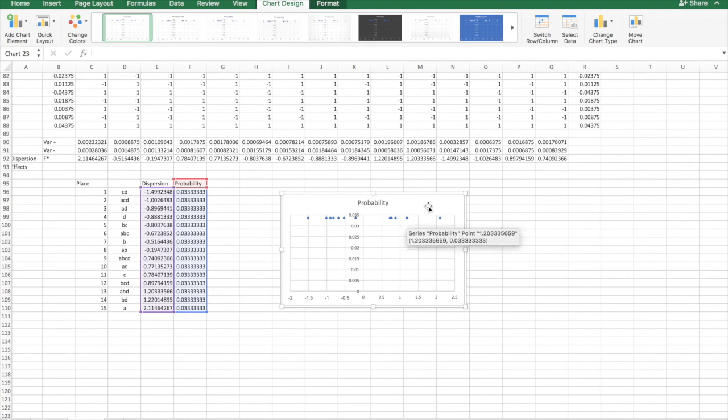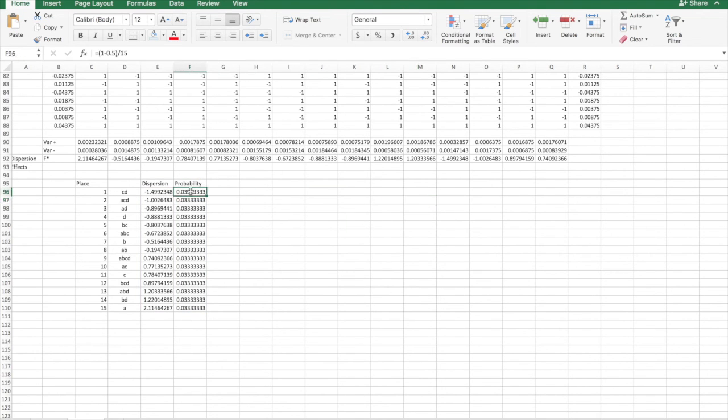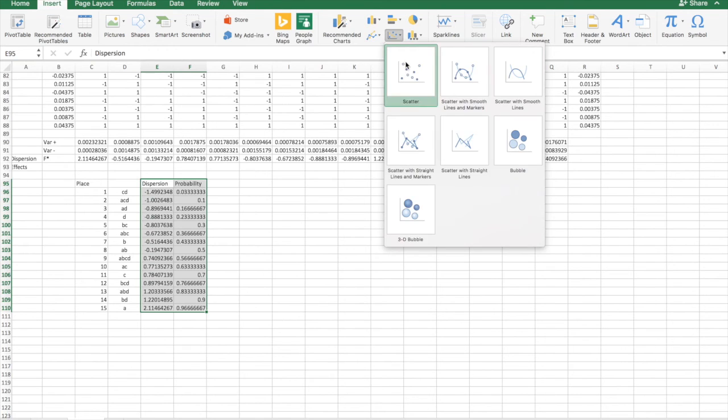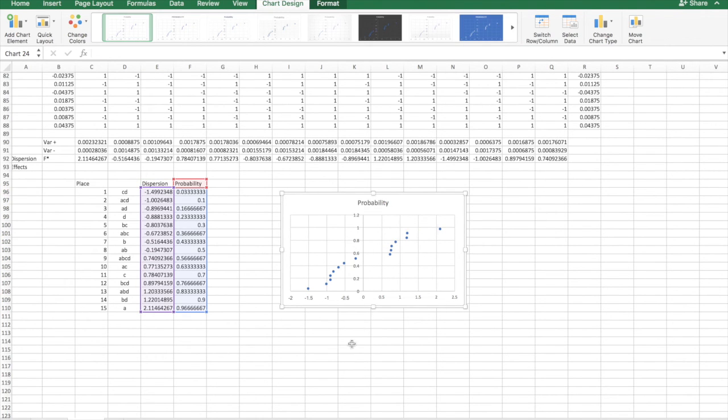Oh, okay, so in here I know what I did wrong. I did it wrong on the probability, which should be the rank minus 0.5 over 15, and then we do this. Yes, that makes more sense. And then we actually graph it, and we have to make this look prettier.